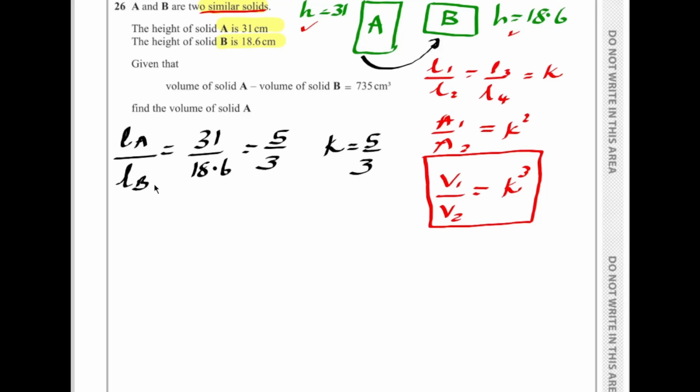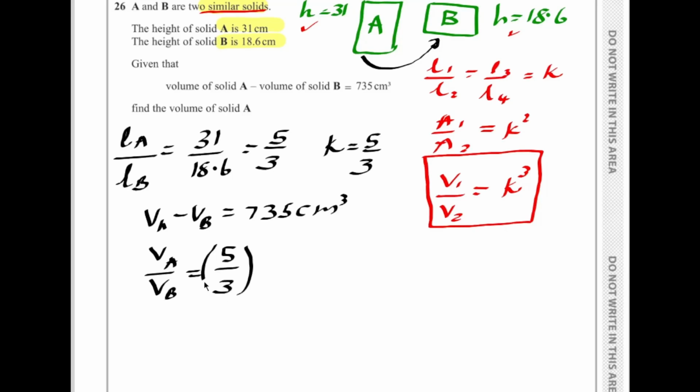Remember, we went from this shape to this shape to get the scale factor. Now we need to get the volume. Volume of solid A minus volume of solid B equals 735 cubic centimeters. So I can form another equation: volume of A over volume of B equals K cubed, which means (5/3) cubed. Using the length ratio, I'm getting this one.